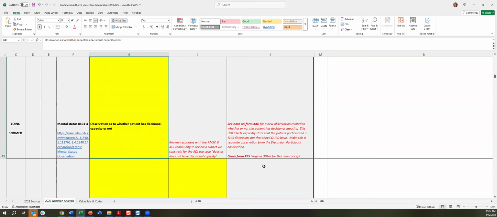There are some forms that I think for the most part, portable medical orders assume that if the individual signed off on the form, the practitioner judged that decisional capacity was intact. Otherwise, why would I let them sign? And so there's a couple of forms that actually make the practitioner check a box.